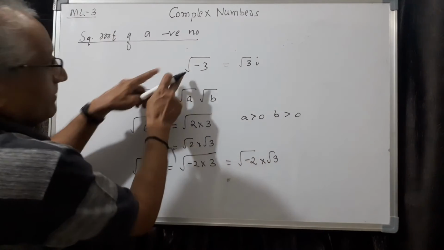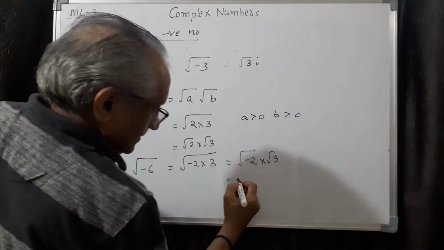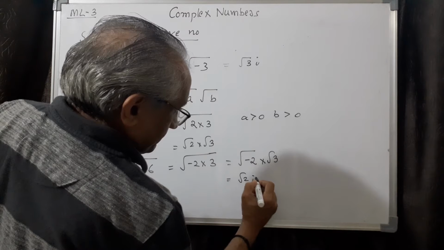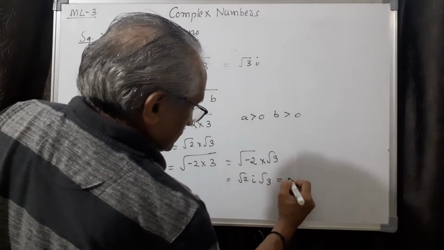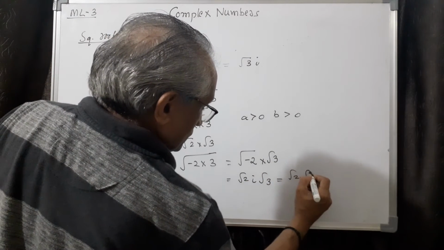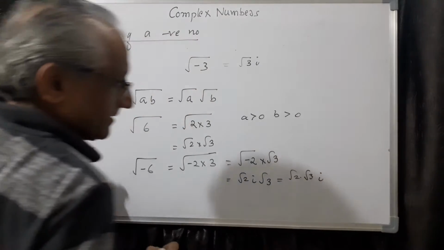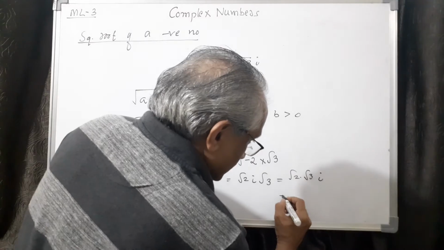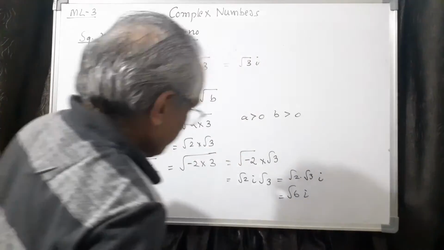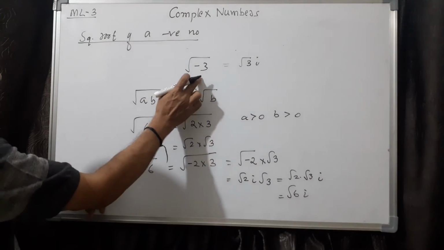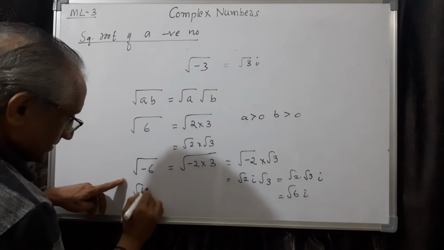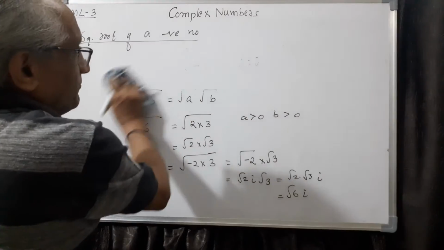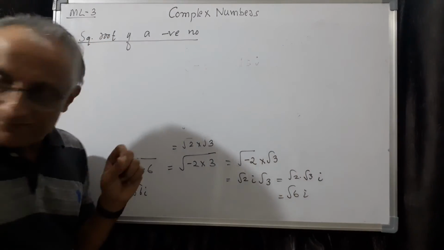But square root of minus 2 is root 2i. Therefore it is root 2 i into root 3. That is root 2 into root 3 i. And remember here also, of course, once again you can take this one, it is root 6i. And here also you can directly write root 6i, no problem. But now you see here, there is one problem if you make a small error.